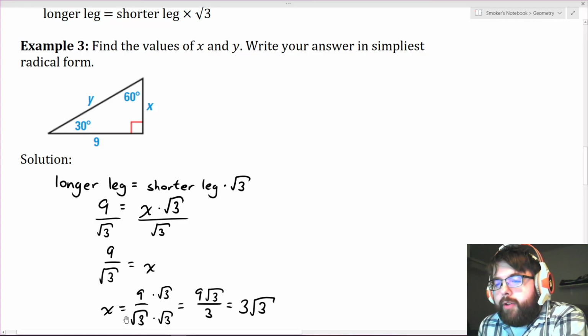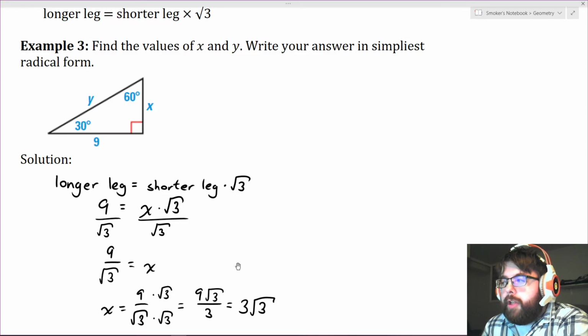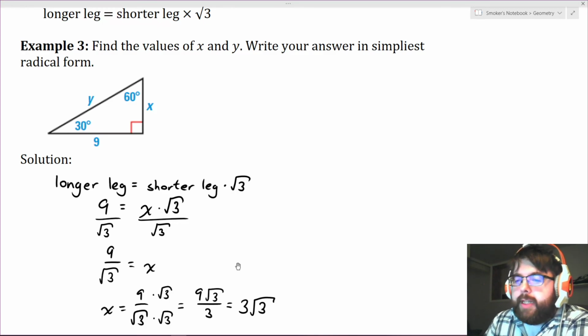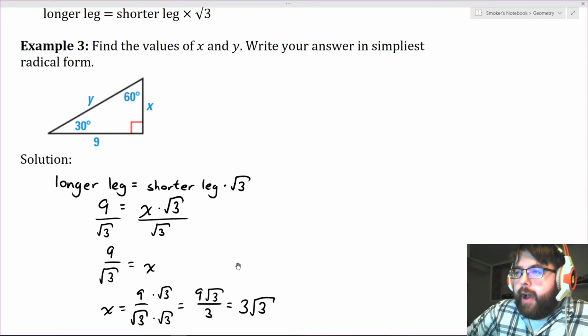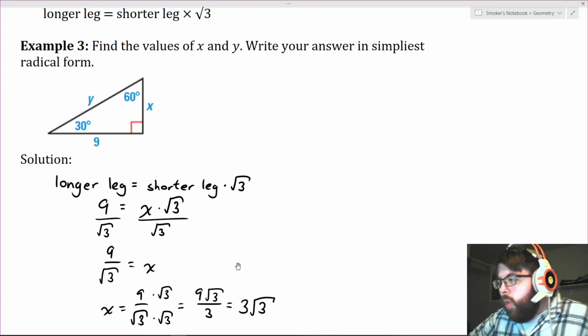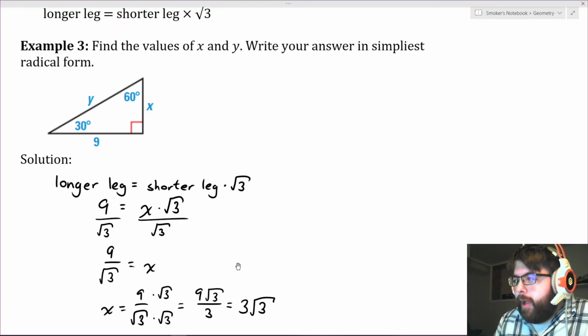So I'm going to rewrite this fraction and essentially get rid of the radical in the denominator while not changing the value. And the way I do that is I multiply both the top and the bottom by whatever's in the denominator. So just to rewind for a second here, if I have the fraction 1/2, for instance, just 1 over 2, I can multiply 1/2 by any number in the top and the bottom.